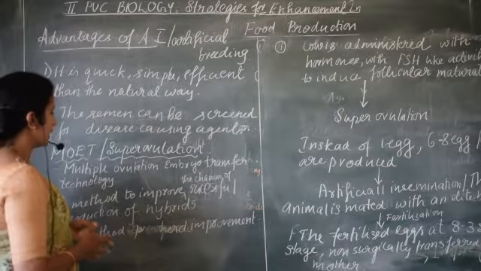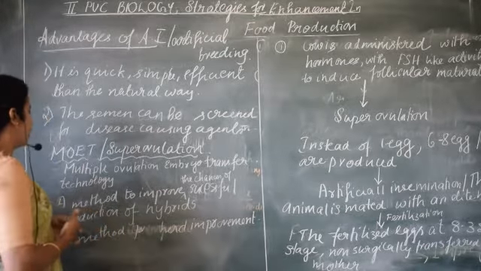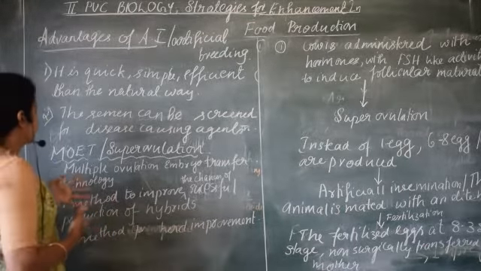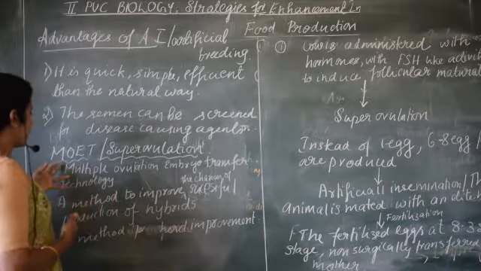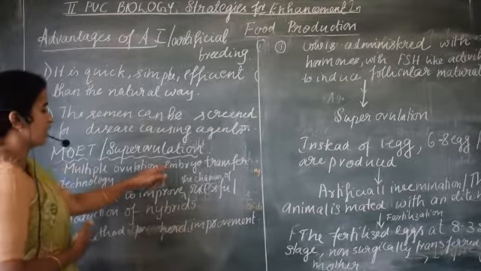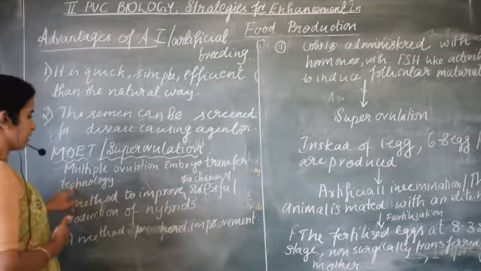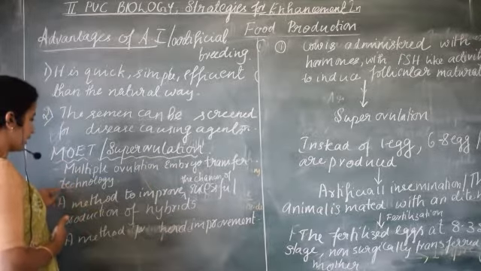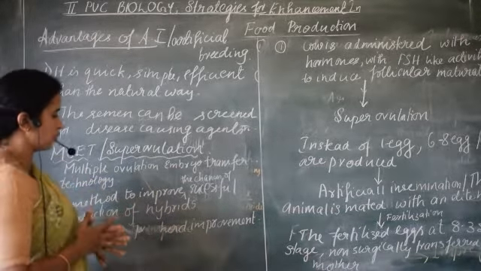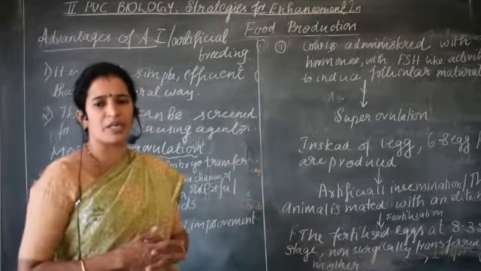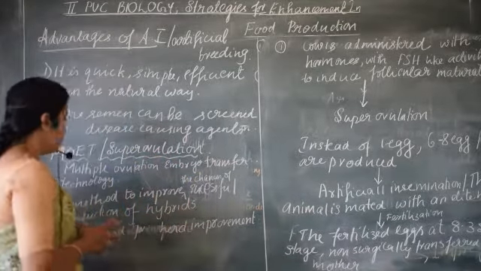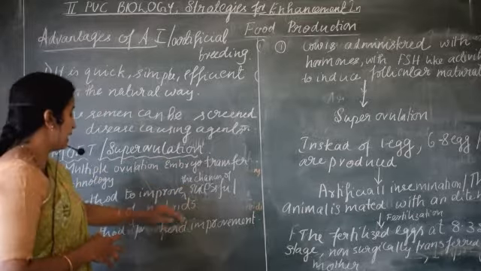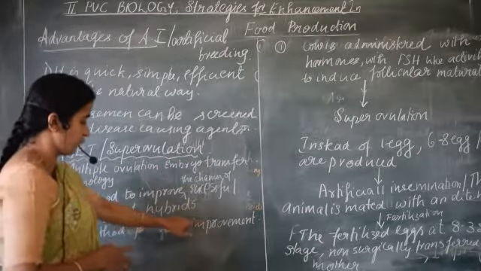The second method of artificial breeding technique is MOET, the multiple ovulation embryo transfer technology. The main objective of this method is to improve the herd size, herd improvement.